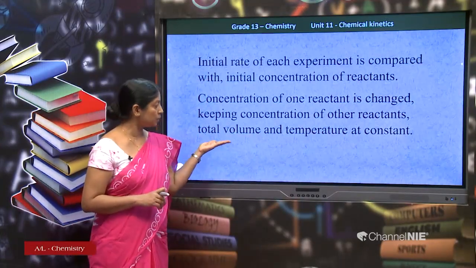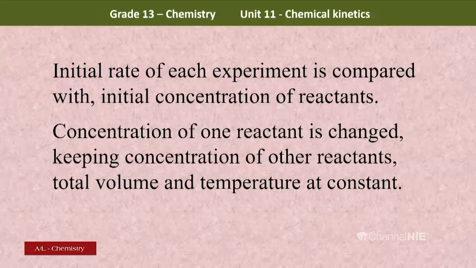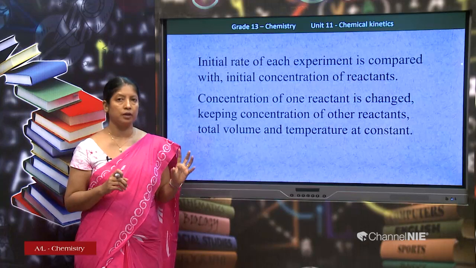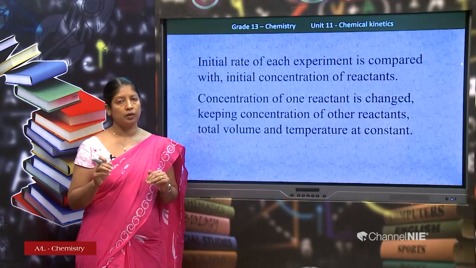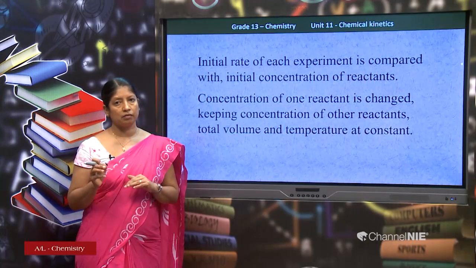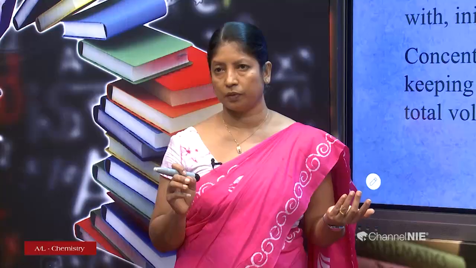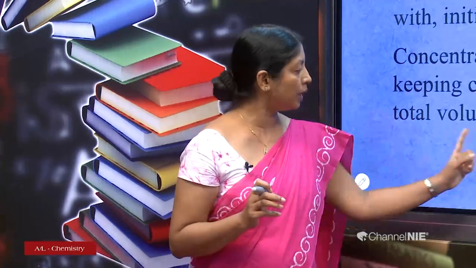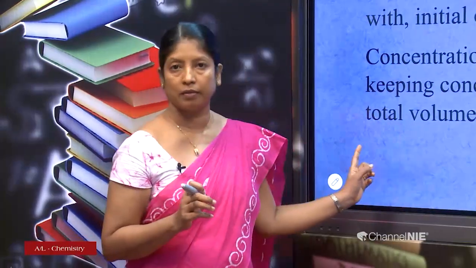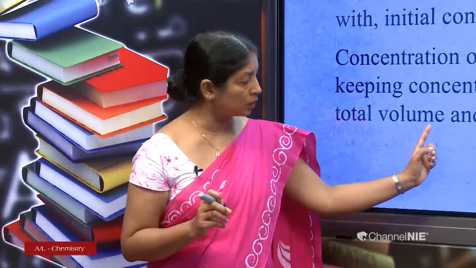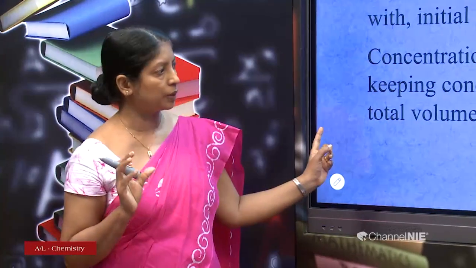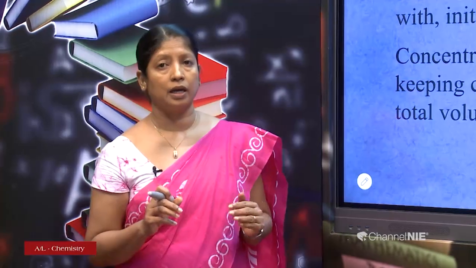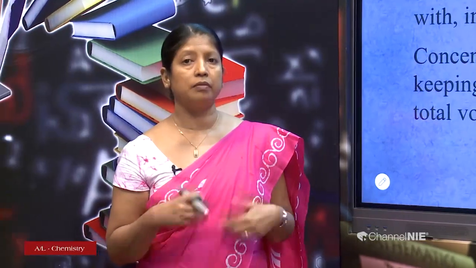Why do we need to have the total volume at a constant value? Here, we keep the concentration of one reactant at a constant value while varying the other one. If you do not maintain the total volume at a constant value in the experimental setup, even the concentration which we wanted to keep constant will vary.